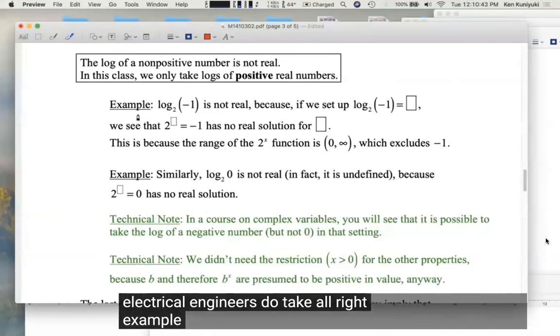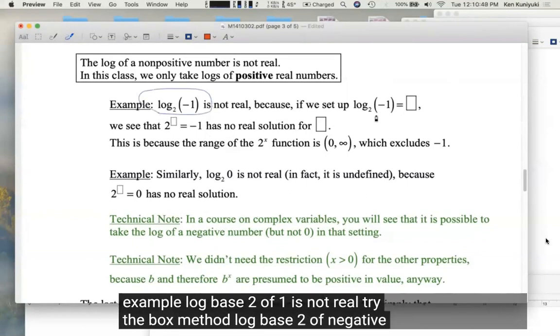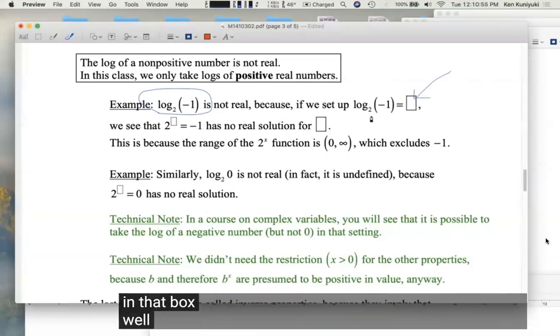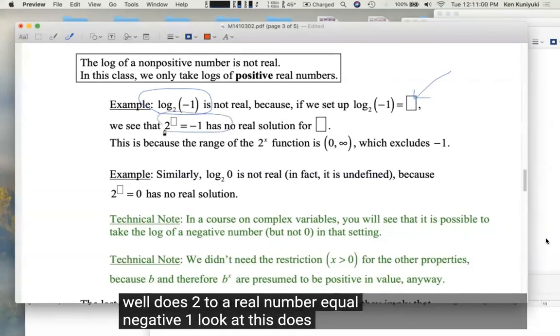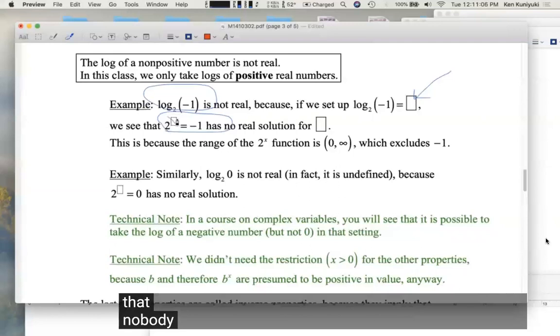All right, example, log base 2 of negative 1 is not real. Try the box method. Log base 2 of negative 1 is what? Can we get a real number to fill in that box? Well, does 2 to a real number equal negative 1? No. Nobody does that.